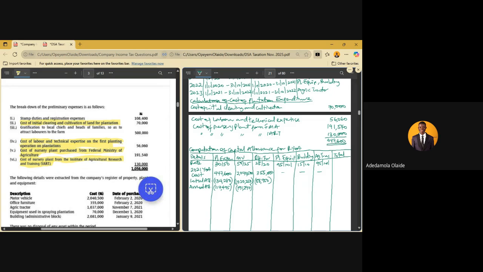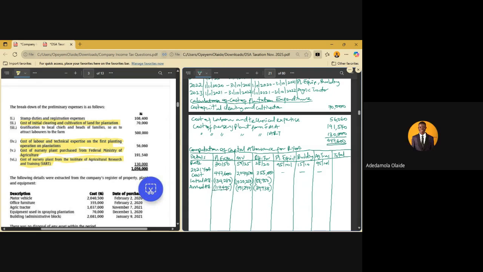The useful life will be 5 years. 355,000 minus 88,750 is 266,250, divided by 5, then multiplied by 9 divided by 12 to prorate it. That's 39,937.